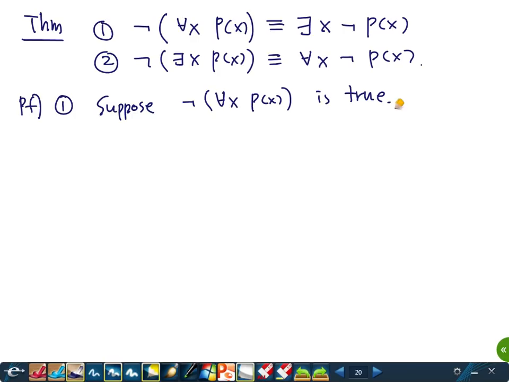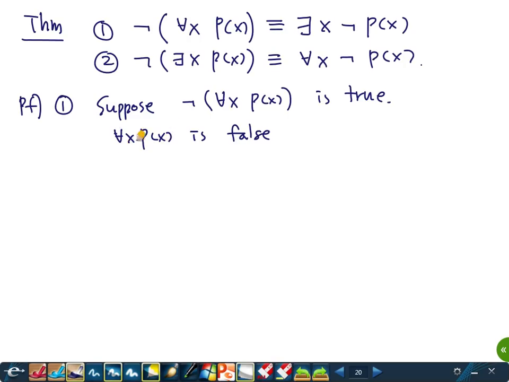So this is true. What does that mean? That means the inside thing is false, right? That's what this means. This proposition being false means there exists x for which this is false.